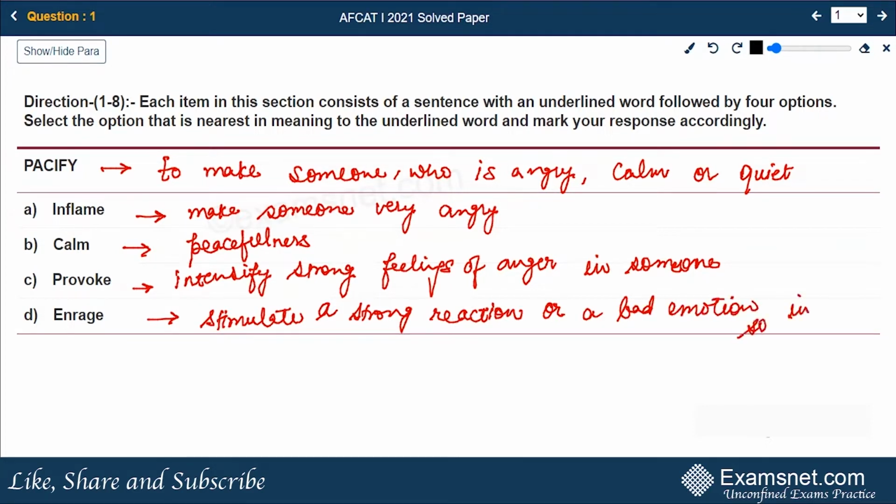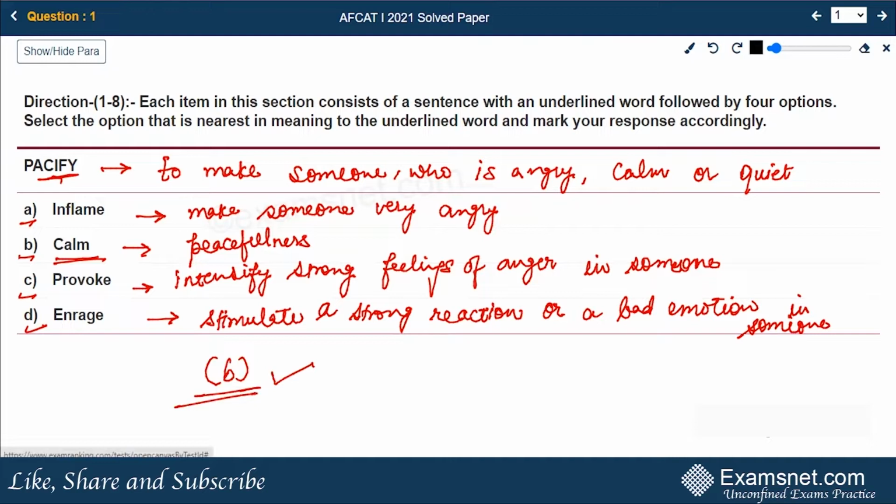So obviously, out of these 4 words, pacify goes with calm. Both mean the same, that is to bring calmness or quietness in someone. So the correct answer to this question is option B.